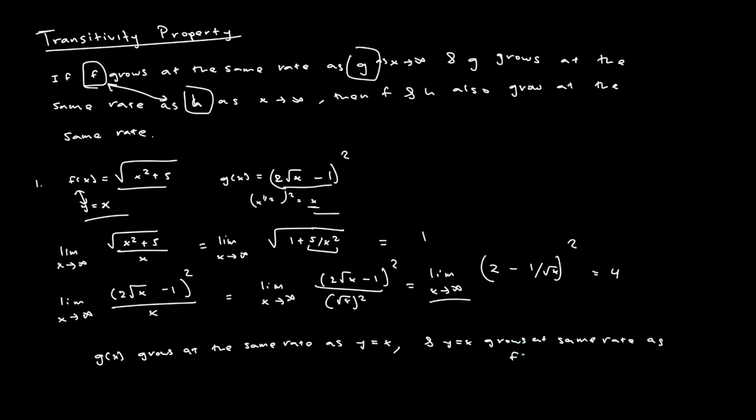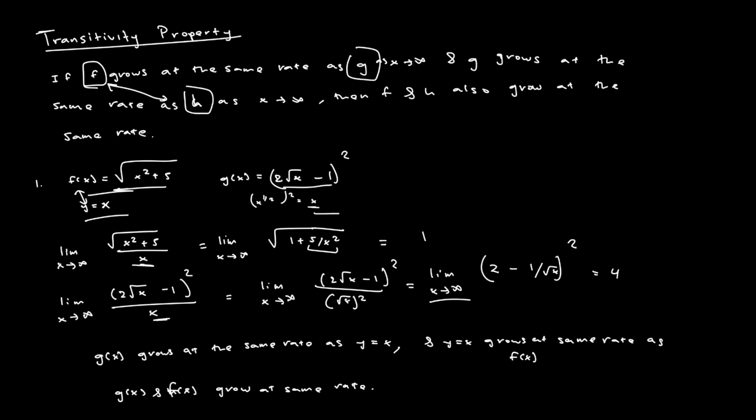And therefore, by the transitive property, g of x and f of x grow at the same rate. So sometimes evaluating the limit of f of x divided by g of x might be more complicated than choosing a middle function and then using the transitive property. So sometimes the transitive property can come into use.